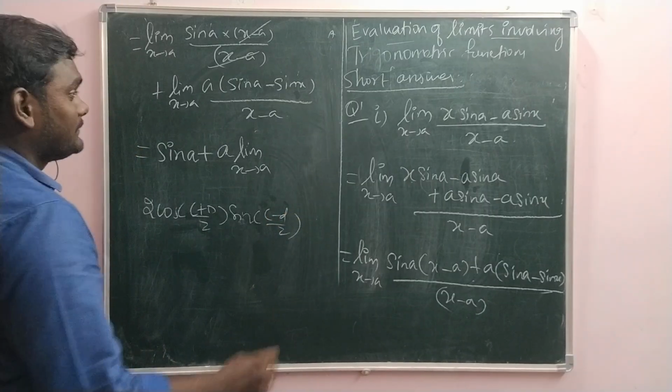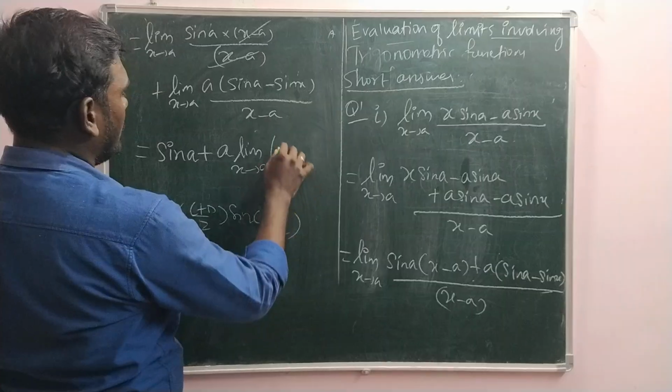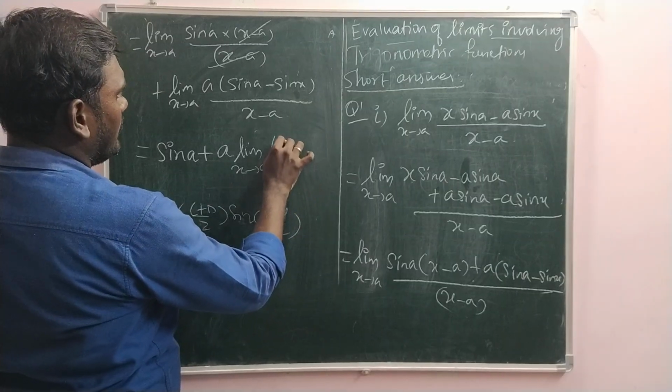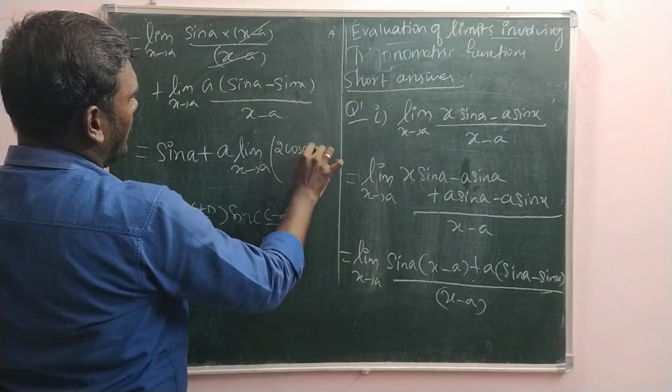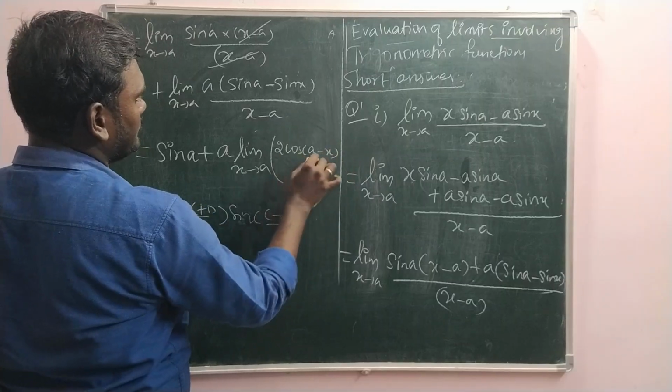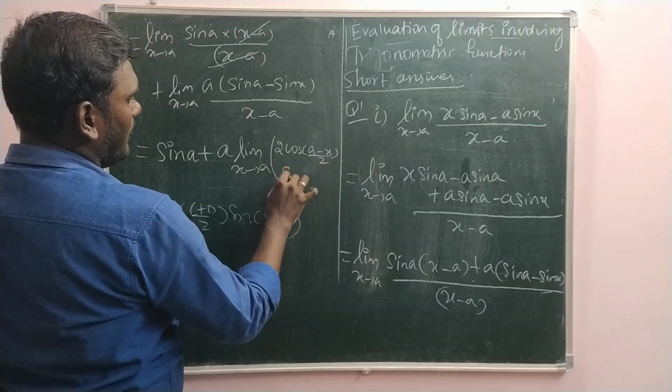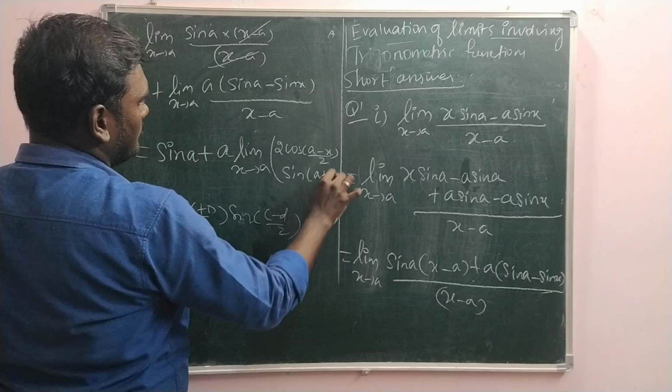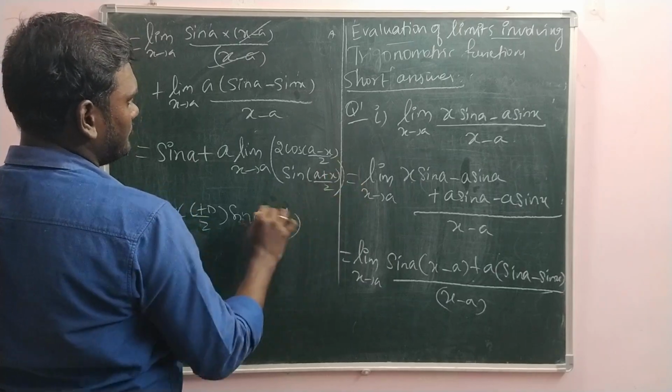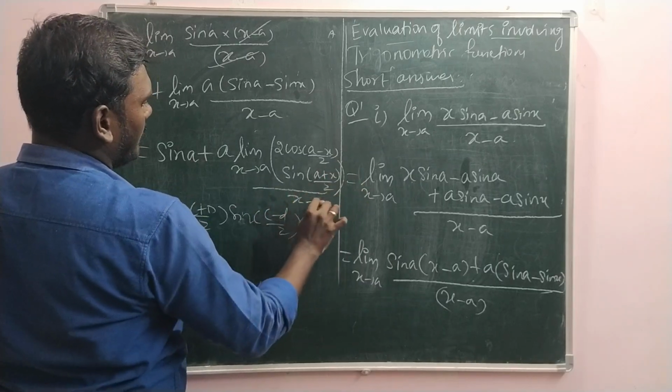So we'll put 2 cos a plus x by 2 into sin a minus x by 2 whole divided by x minus a.